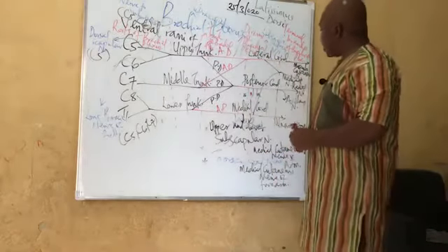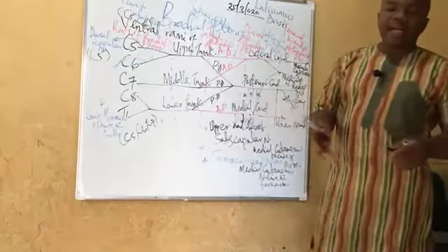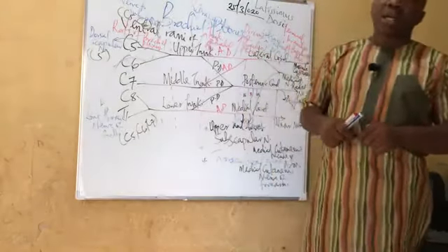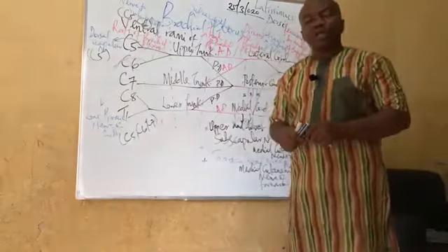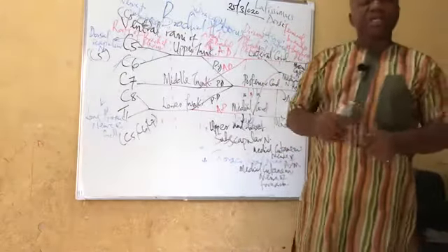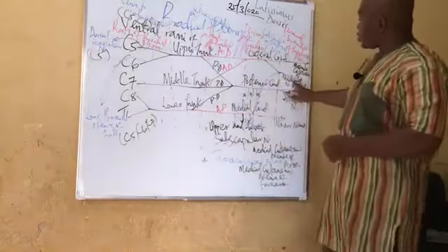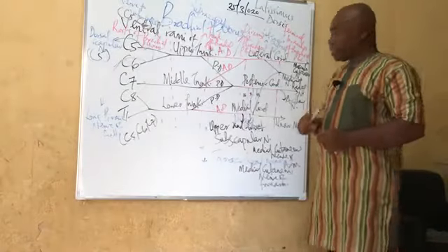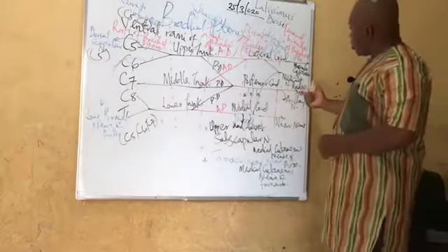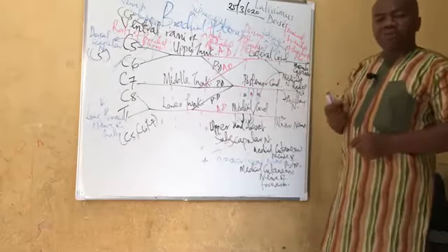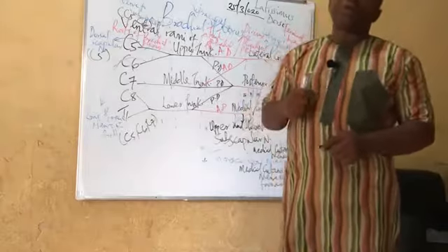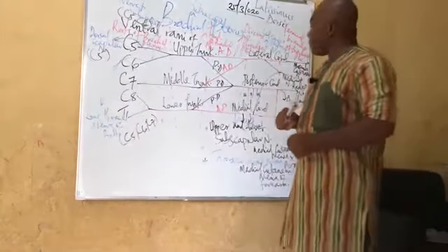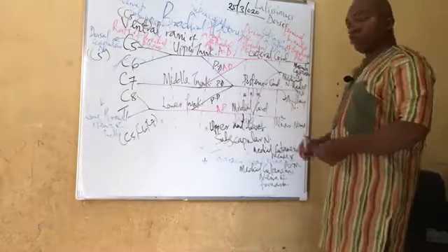The median nerve supplies all other muscles of the anterior compartment of the forearm, except the flexor carpi ulnaris, the medial half of flexor digitorum profundus, and the medial two lumbricals. Then the radial nerve supplies all the muscles of the posterior compartment of the arm and the muscles of the posterior compartment of the forearm, as well as the skin of the dorsum of the hand.